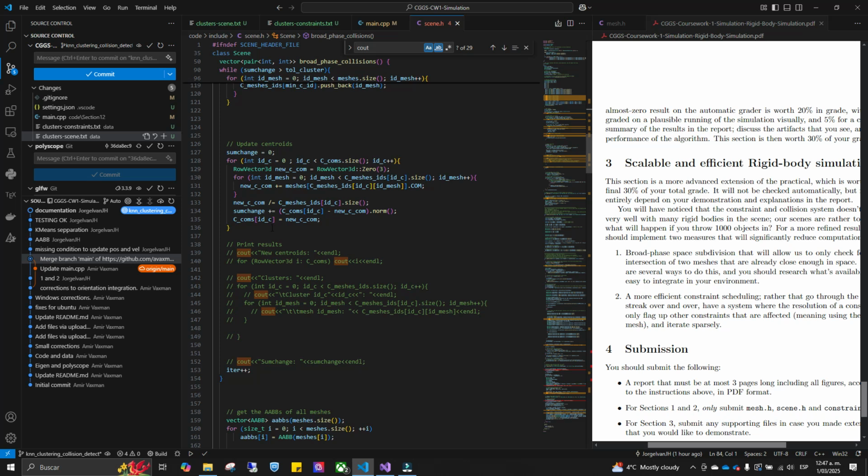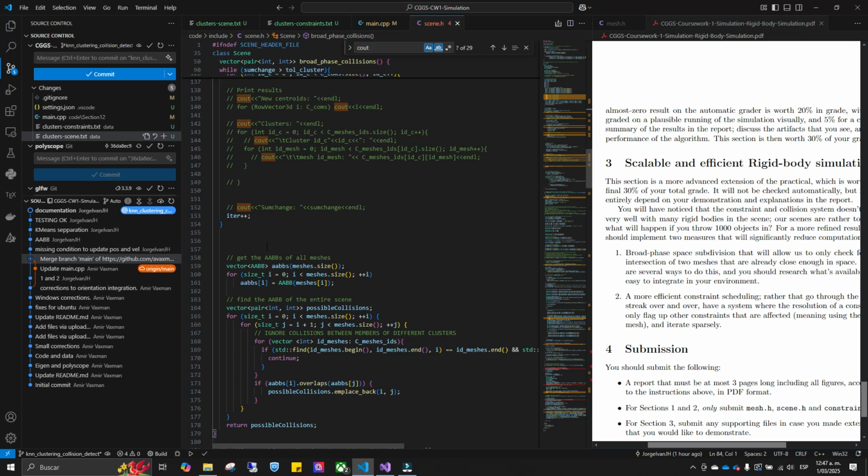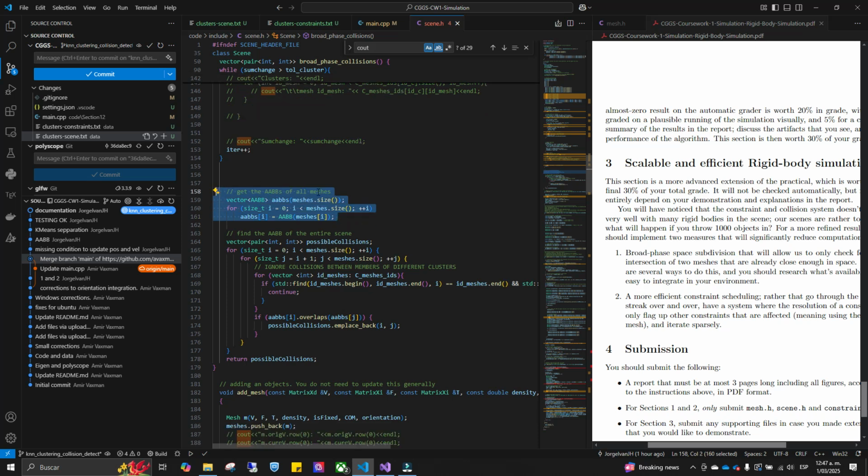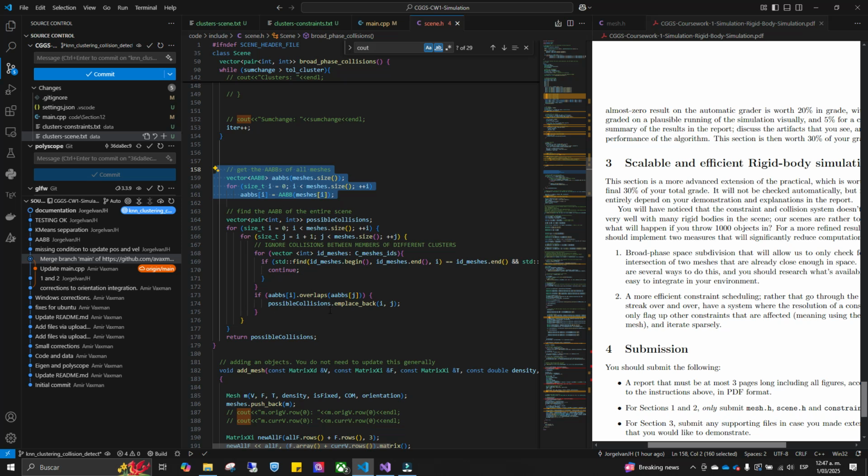With those groups of IDs, I create bounding boxes over each of the objects in the simulation and only compare and identify the overlapping bounding boxes that are in the same cluster, ignoring those that are from different clusters.